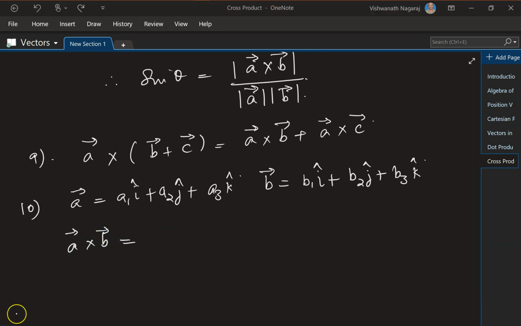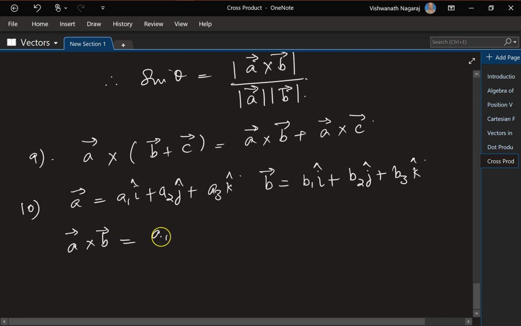Remember, it is distributing. Now this would be A1 B1 0.